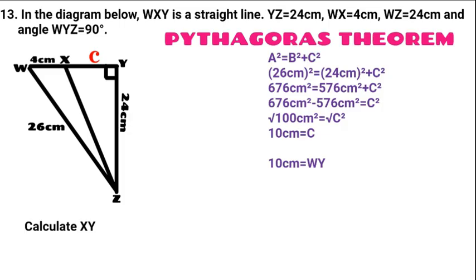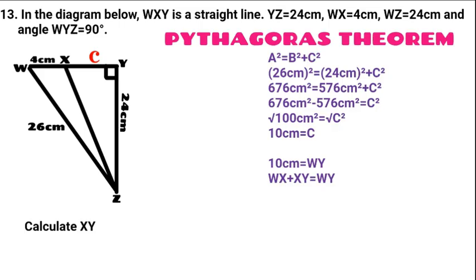So it's more or less like they're adding wx plus xy, which is equal to yw, because yw or wy is divided into two parts. The one is 4 centimeters, the other one is not given, and that's what we want to find out.